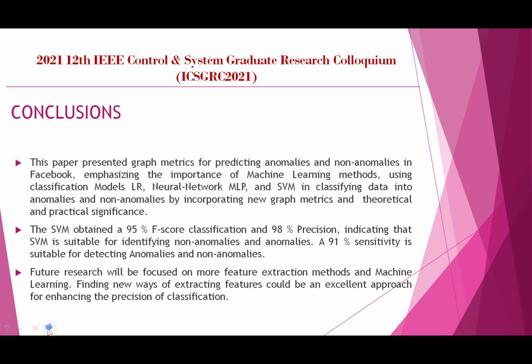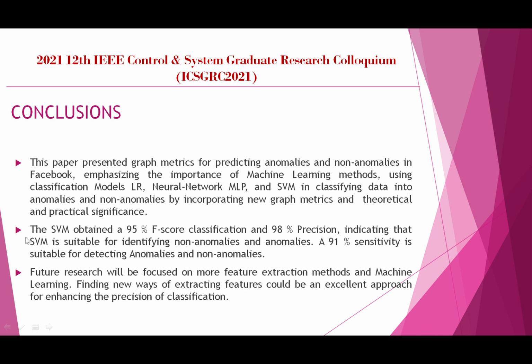The conclusion is that this paper presents the use of graph matrix to predict anomalies and non-anomalies in Facebook data, emphasizing the importance of machine learning methods using the classifiers mentioned before.